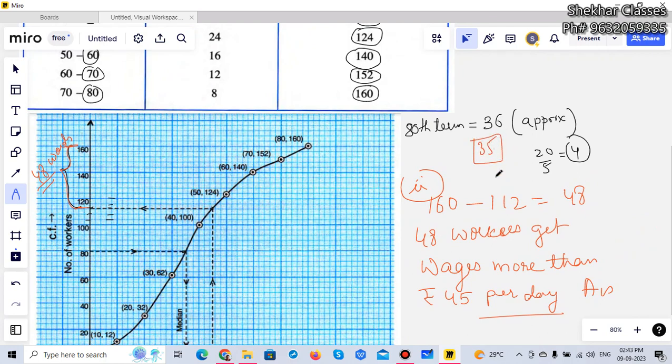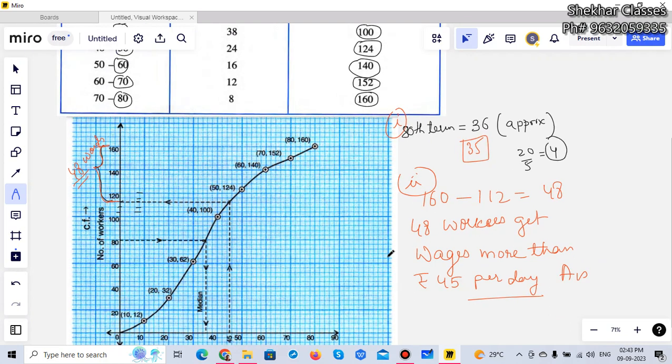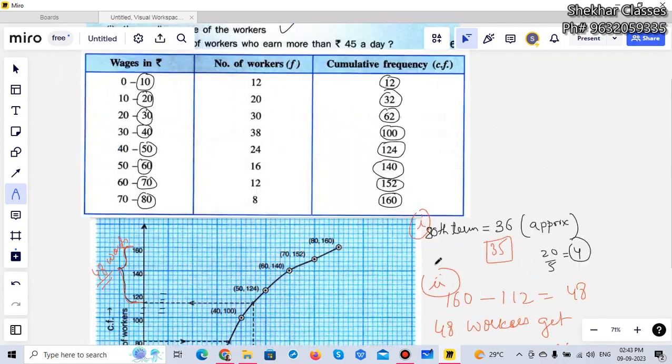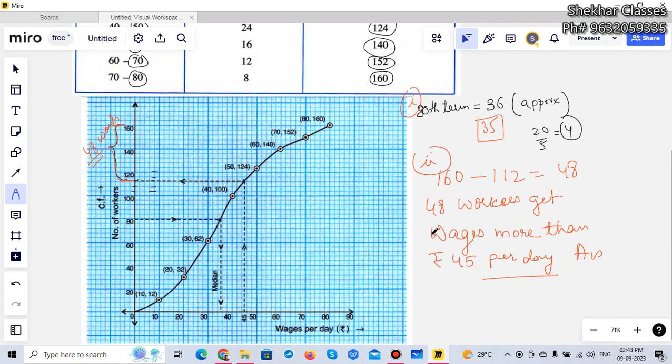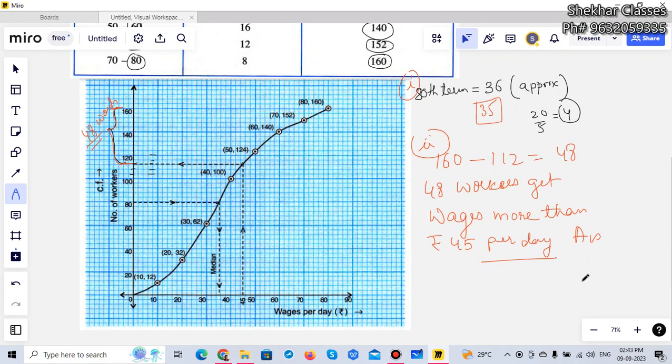You see it closely, okay? And that's the answer for the first question. So we have got both the answers. You know how to do it. You have to first find the cumulative frequency, then draw the ogive, and once you draw the ogive, you can do anything in it and you will get the answer done.